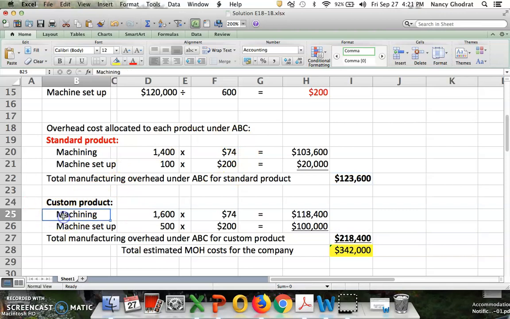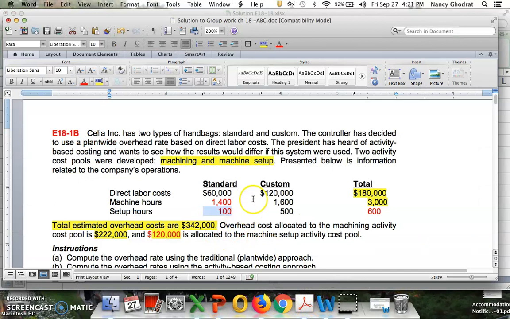The machining cost pool and the machine setup cost pool, the number of hours that they were given to us. These 1,600 and 500 were given to us. Here's the 1,600 machine hours for custom product and 500 setup hours for custom product.